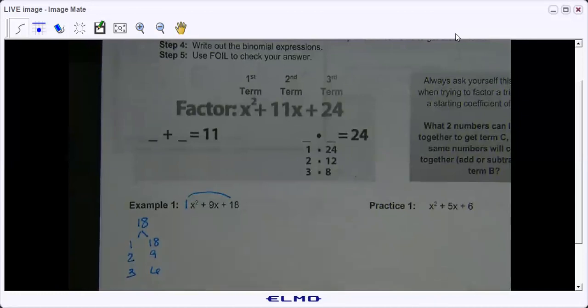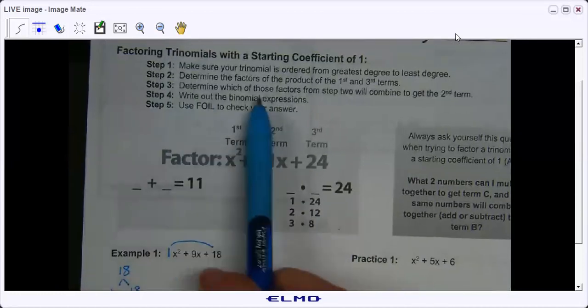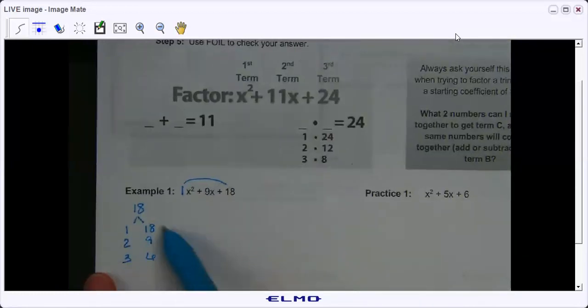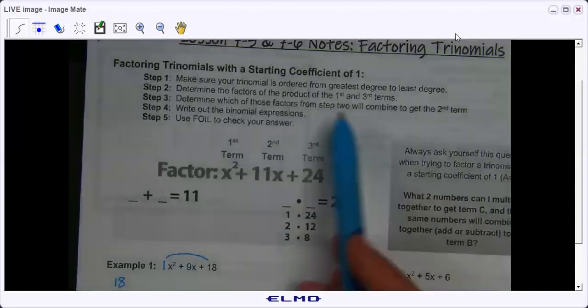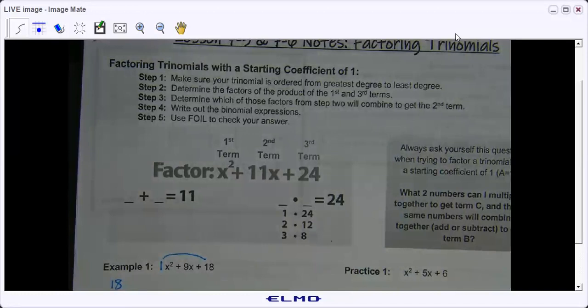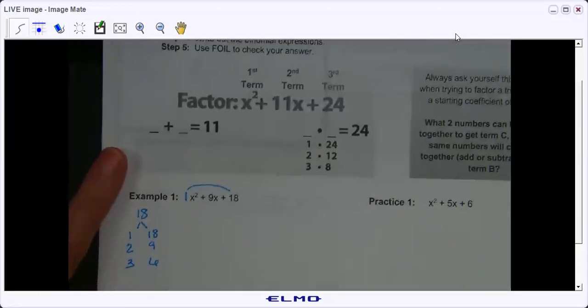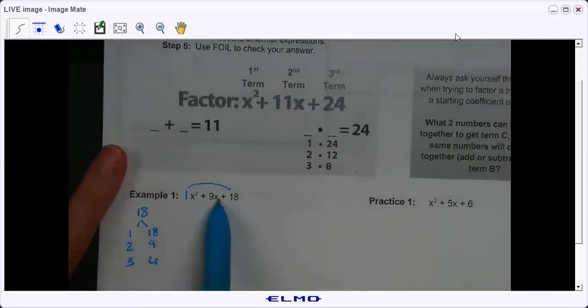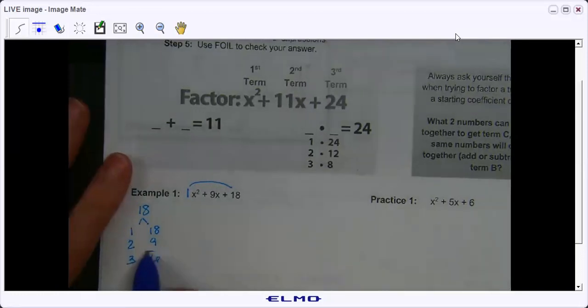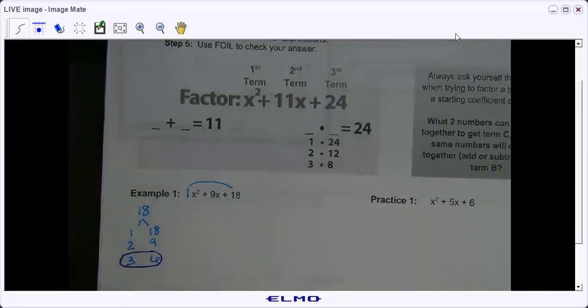And step 3 tells us to determine which of those factors will combine to get the second term, meaning we'll add or subtract up to get the second term. So basically what that means is we're trying to figure out which of these factors will add up to 9. Okay, well, you can probably already see that it's 3 and 6 here. So 3 and 6 will total our 9.